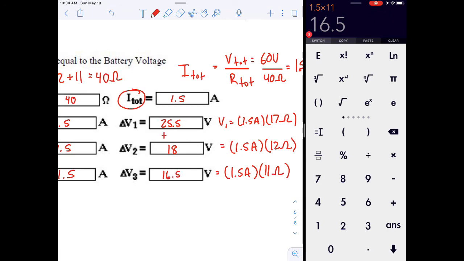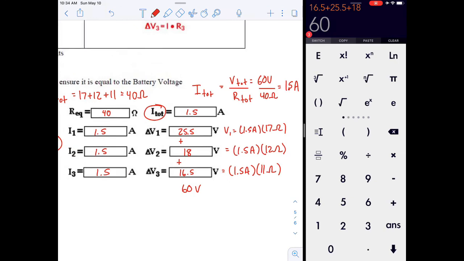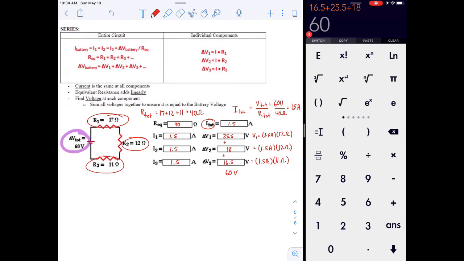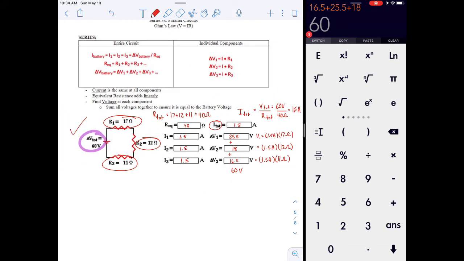Now notice, if you add all of these voltages together, 25.5 plus 18 plus 16.5, we get 60 volts, which matches the total voltage of the battery. So that's a way to check our work, to make sure that all of these added together in a series circuit will equal the total voltage. And this truly is just how you would apply Ohm's law in a series circuit to calculate all of the different voltages, currents, and resistances.